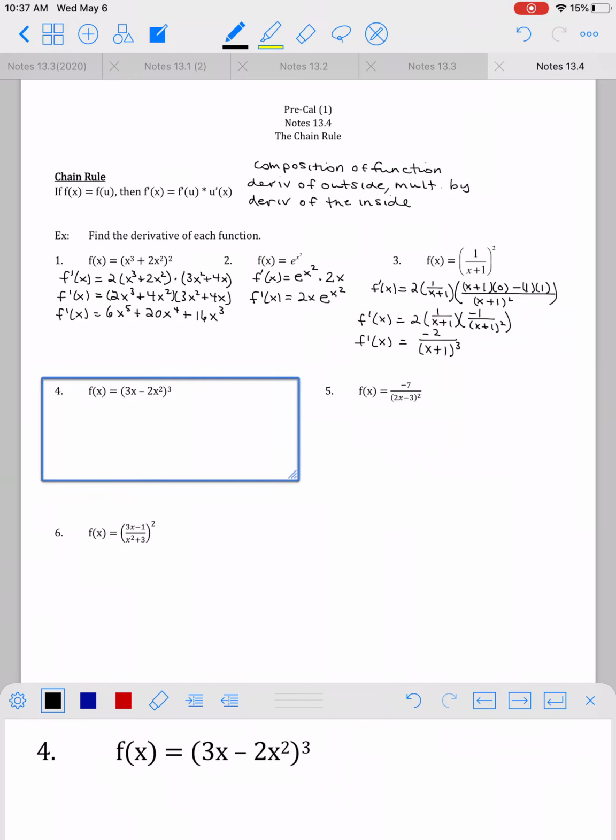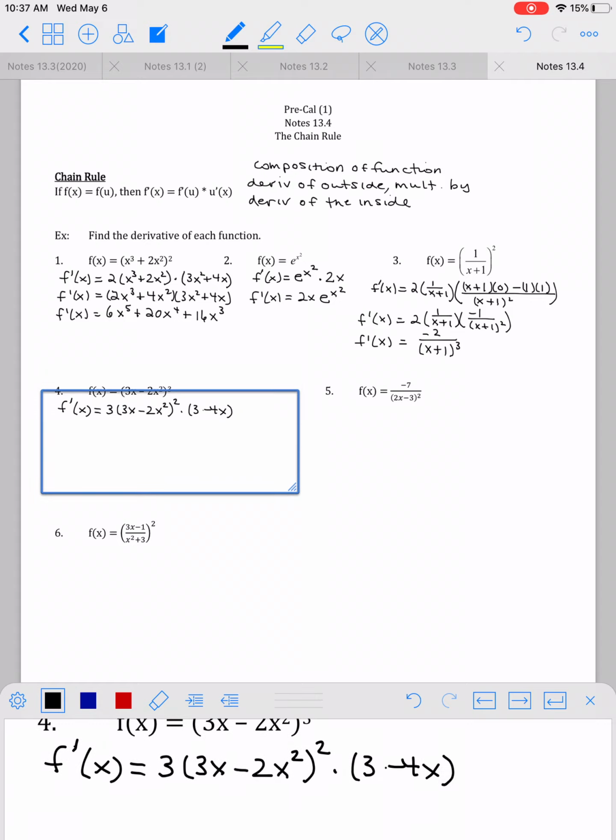Okay, number 4 looks a lot like number 1. And I picked it because I kind of want to show where our work will stop. Okay, outside power 3, copy the base, 3x minus 2x squared, reduce the power by 1, 2, times the derivative of the inside, which is 3 minus 4x.